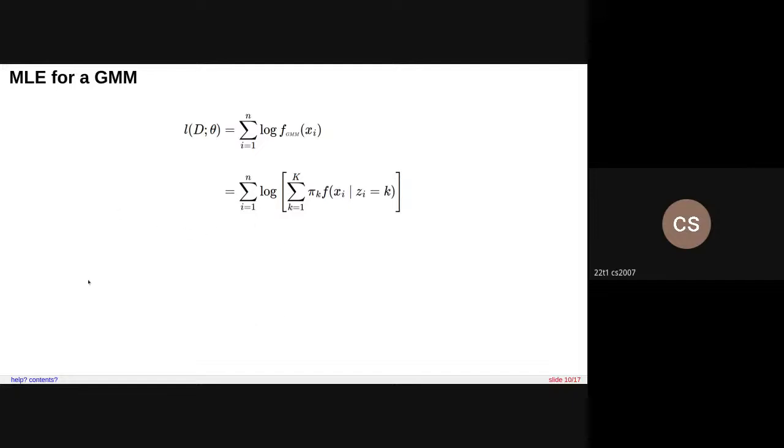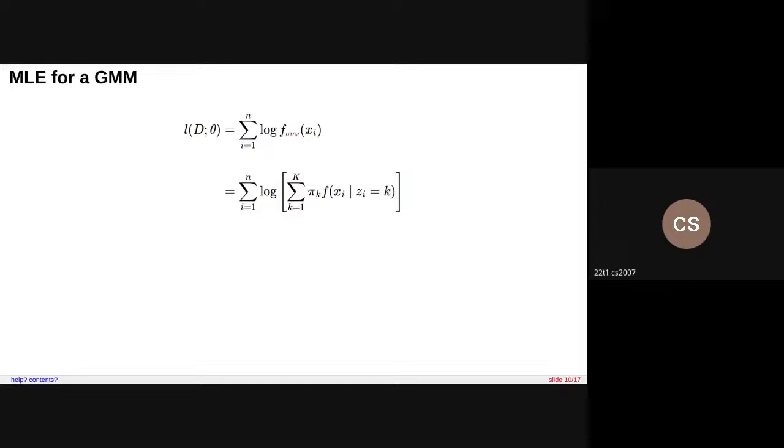Okay, now what is the next step? Differentiate. We'll differentiate. We have to use Jensen's inequality. Correct, right? So unfortunately, we have a sum inside the log, as you would have seen in the lectures. So it's very difficult to work with this.